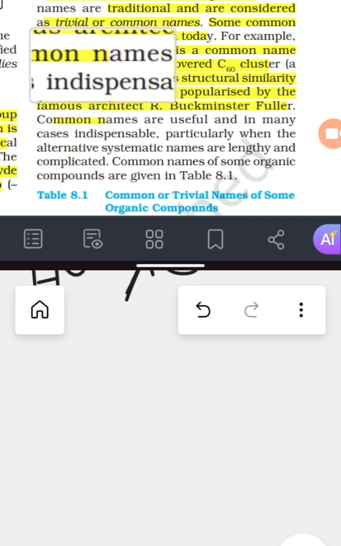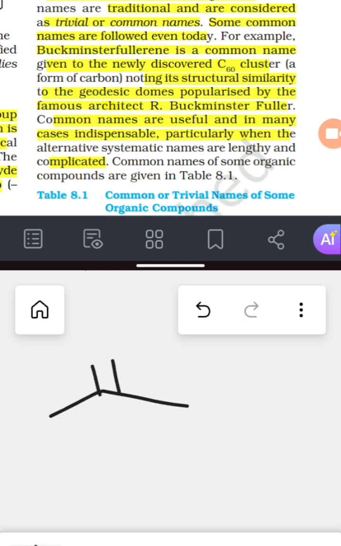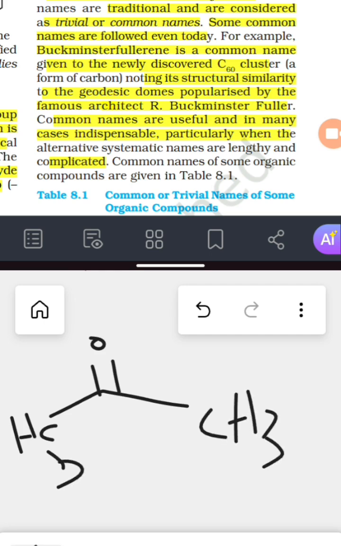Common names are useful and in many cases indispensable, particularly when the alternate systematic names are lengthy and complicated. Take acetone. If we write the structure of acetone, a methyl is here and a methyl is here: CH3 CO CH3.